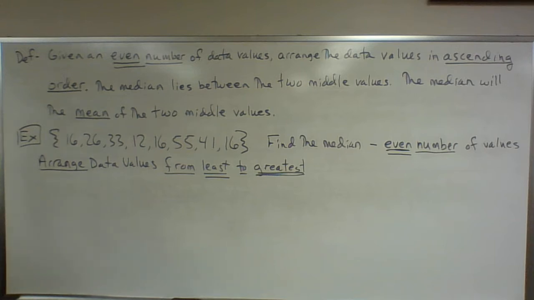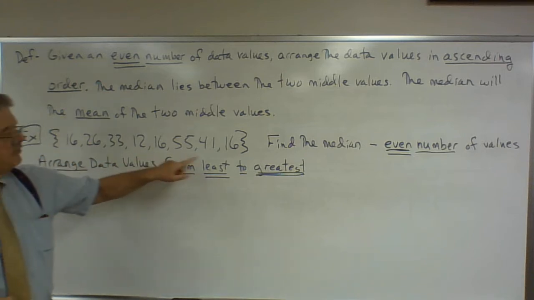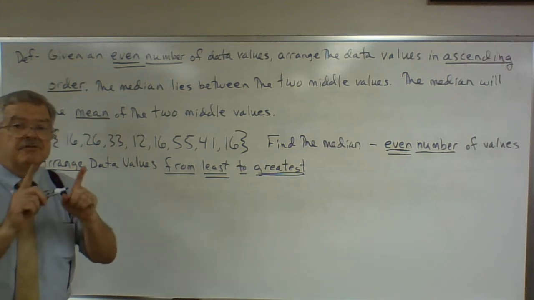And what's the smallest data value here? I think it's 12. And what's after 12? 16. But we got 3 of them, 16, 16, 16. We list all 3.